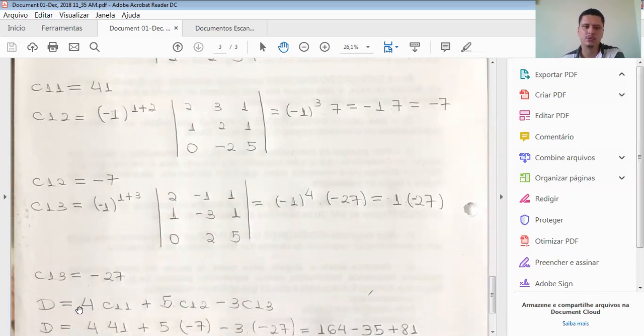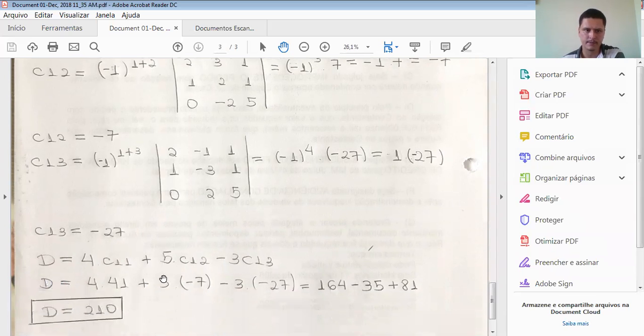Now let's substitute in the equation of the determinant the values of each cofactor that we have just calculated. 4 times C11, 4 times 41. Plus 5 times C12, 5 times minus 7. Watch out and pay attention to negative numbers, okay?